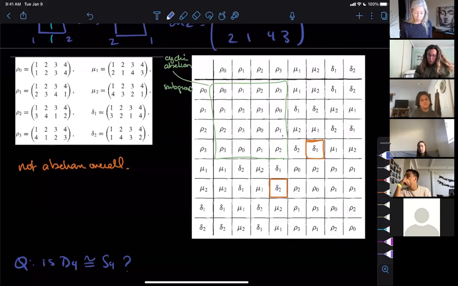We can see right now what all the permutations are in D4. Is there any other permutation that's not represented there? There has to be. How many possible permutations are there of 4 letters?